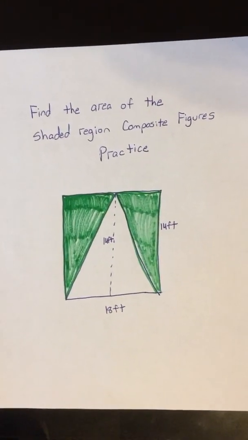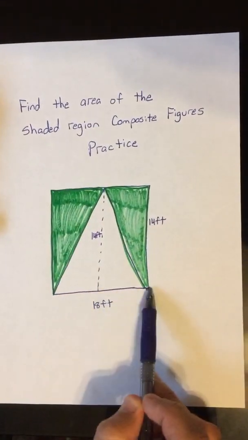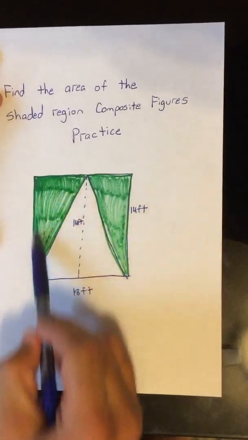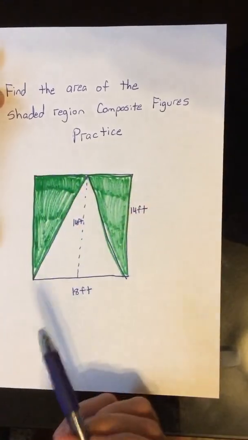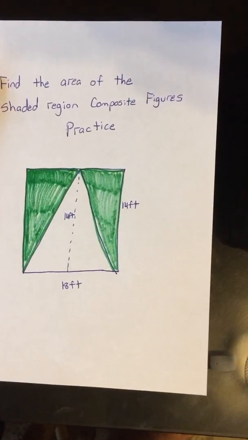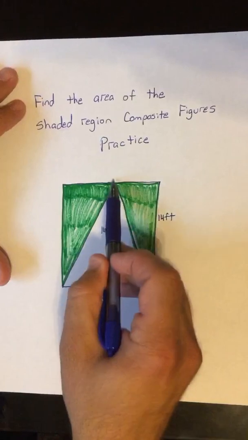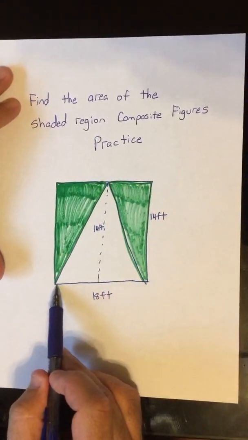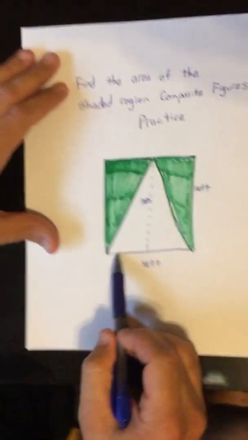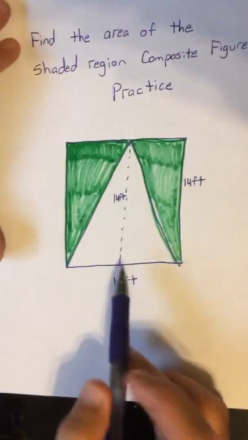Now this is going to be a lot harder than just finding the normal area of composite figures. On this first example, I have a rectangle on the outside and a triangle on the inside. The entire base is 18, but I split it in half.